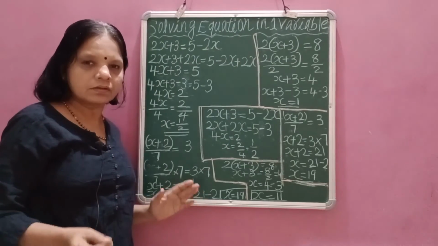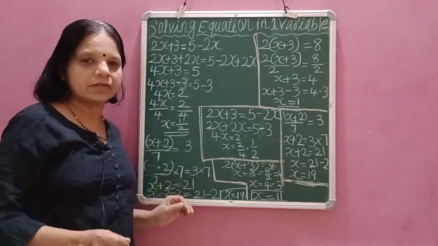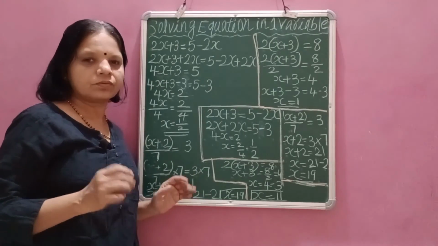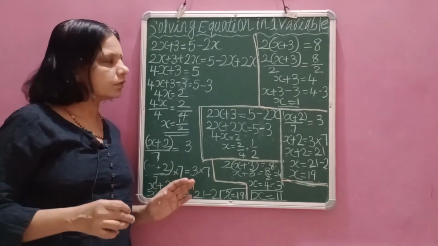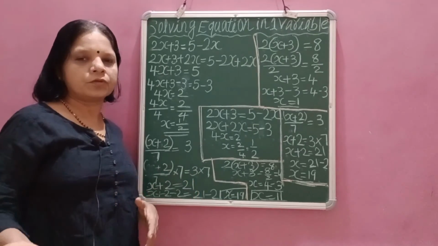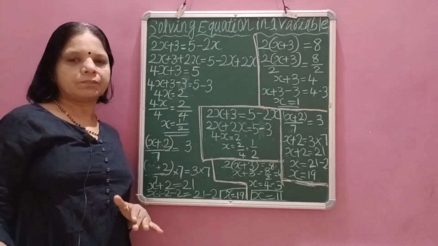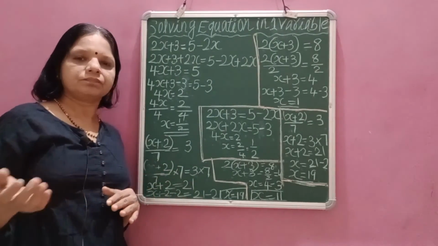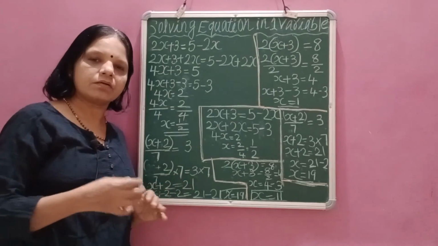That is the basic rule, but we got the generalized rule, shortcut rule from that. So remember that when the terms change the side, the operation becomes opposite. Addition becomes subtraction, subtraction becomes addition, multiplication becomes division, and division becomes multiplication.